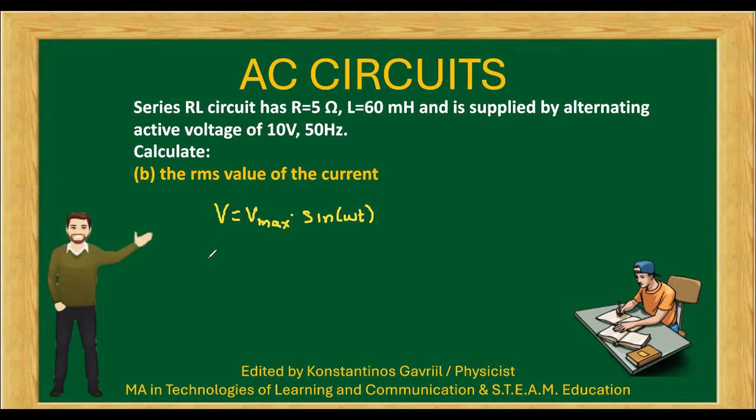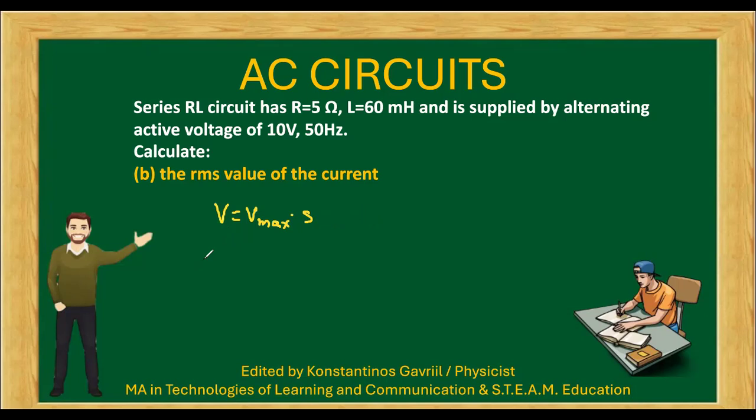This value is the RMS value, and it is a DC value and has the same heat results as the AC voltage. The RMS is, let's say, the equivalent in a DC way of the AC current.